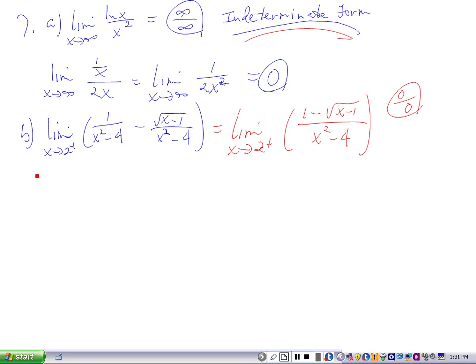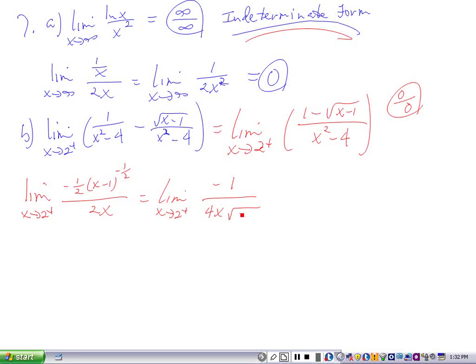So take the derivative of our numerator. So now we have the limit as x goes to 2 from the right. This is just negative 1/2 times x minus 1 to the negative 1/2 divided by 2x. And this is, yes, the limit as x goes to 2 from the right. It's negative up top all over 4x times the square root of x minus 1.